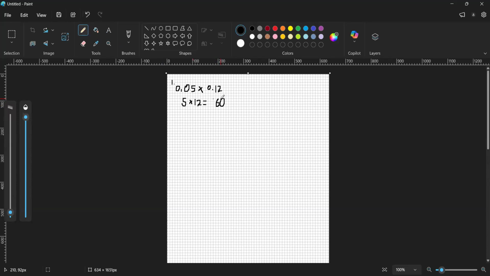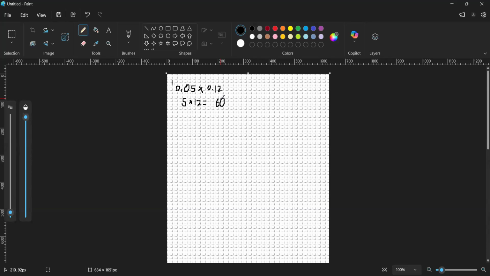You're not sure? That would make it 0.6, I think. Better. All right. So what next? And then you count how many decimal place jumps there are on the 0.12, which is 1, and that will make your answer 0.06.